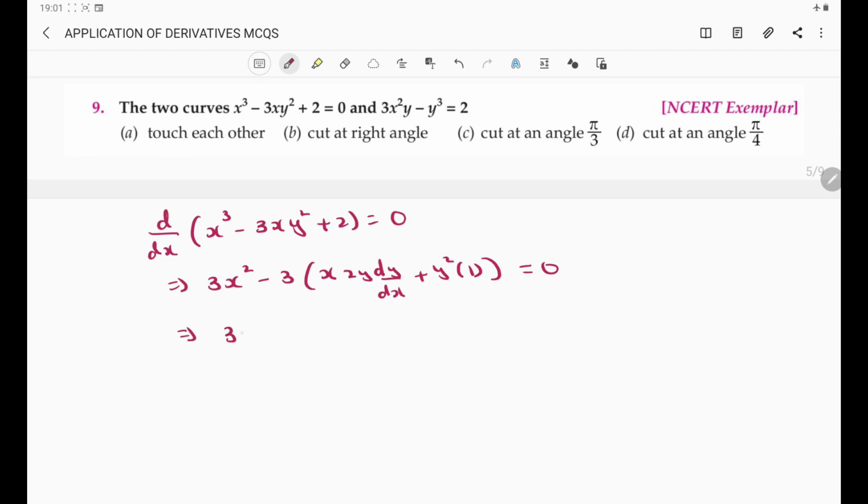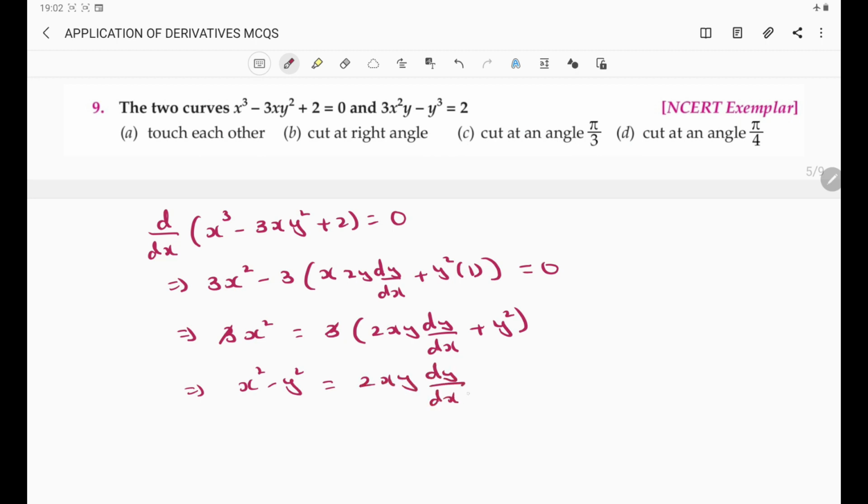So we get 3x square equal to 3 times 2xy dy by dx plus y square. So 3 gets cancelled here. This implies x square minus y square equal to 2xy dy by dx.